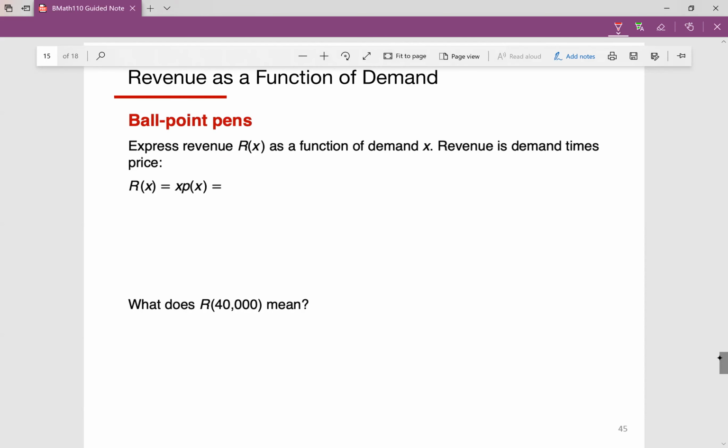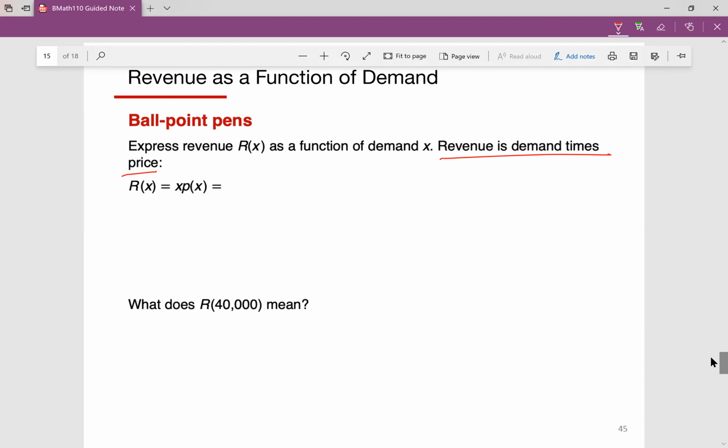Revenue as a function of demand. Again, express revenue R as a function of demand x. Revenue is demand times price. So you have to remember that revenue is demand times price, right? And you can get the function as R of x equal to x times P of x, where x is demand and P of x is price.